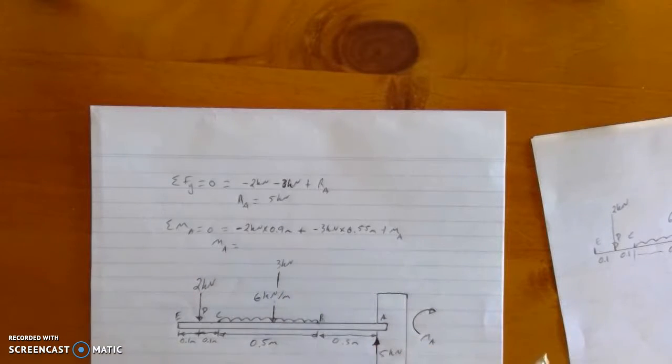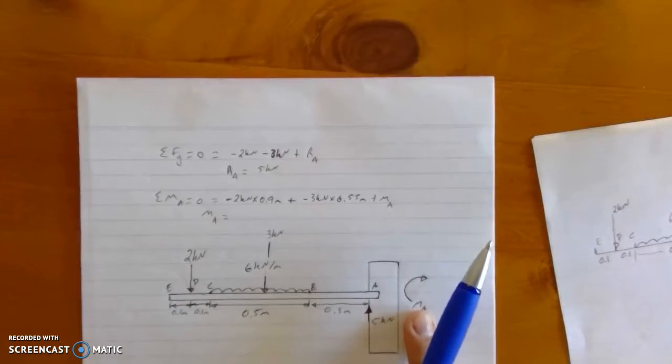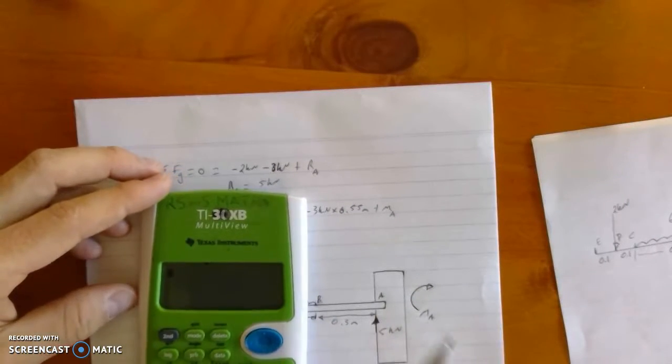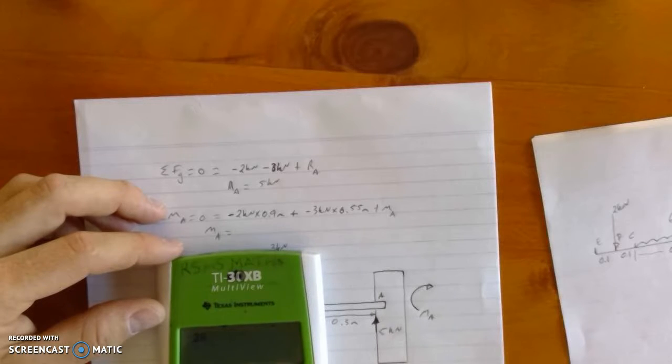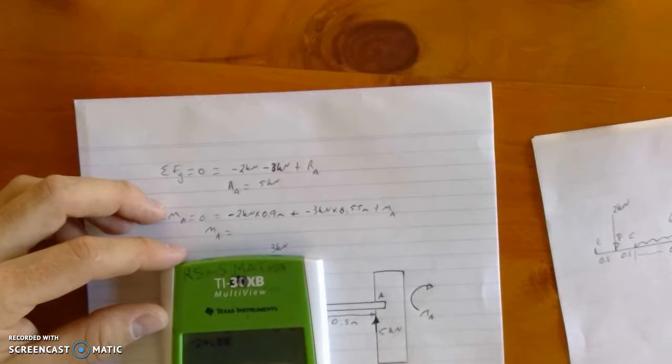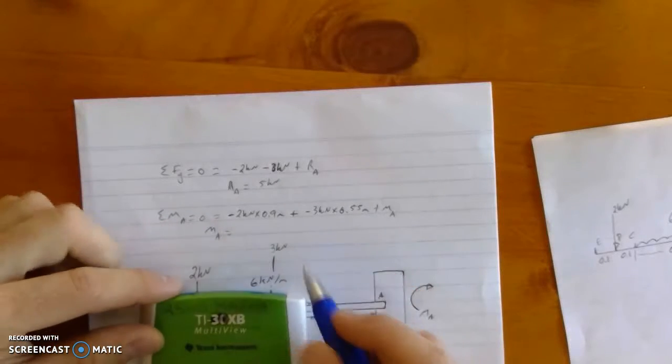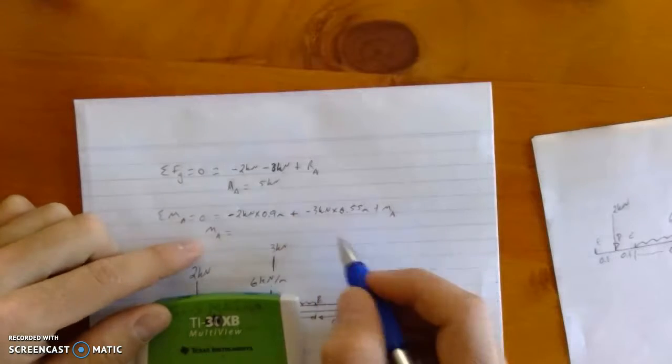So our moment at this point, if we solve that on the calculator, let's have a look. We have negative 2 times 0.9 plus negative 3 times 0.55. So all that is on one side and the moment's on the other.